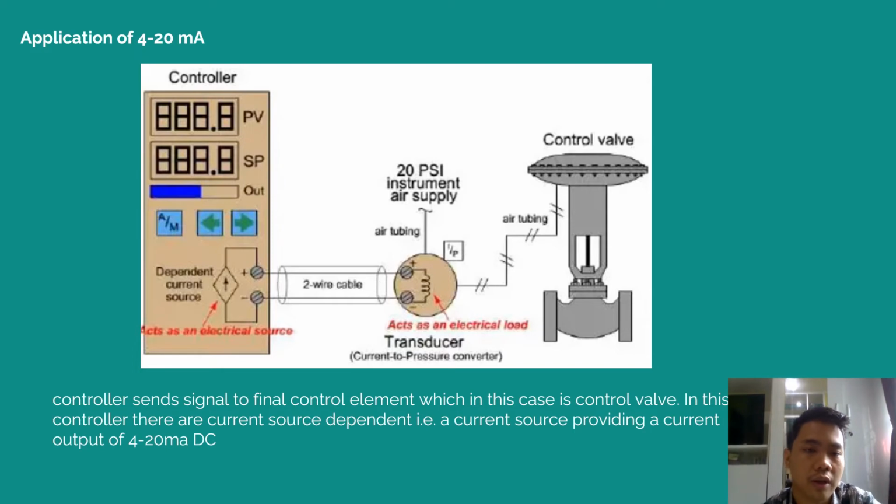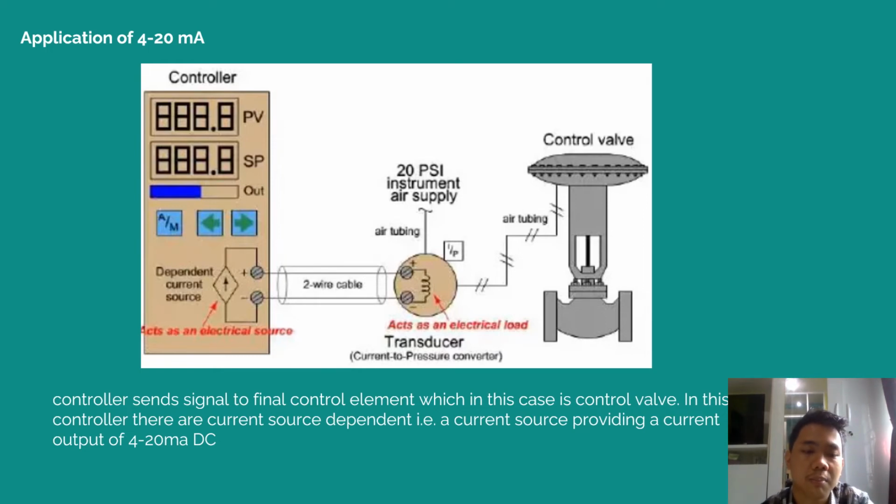In this video we have a controller, and then we have a transducer and control valve. The controller sends a signal to the final control element, which in this case is the control valve. This controller has a dependent current source providing a current output of 4 to 20 milliampere DC.